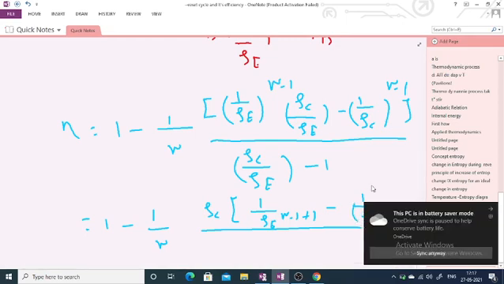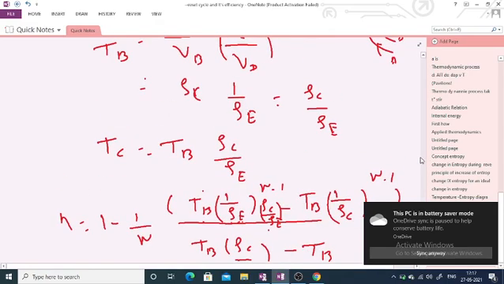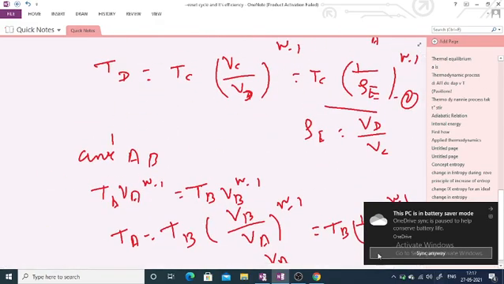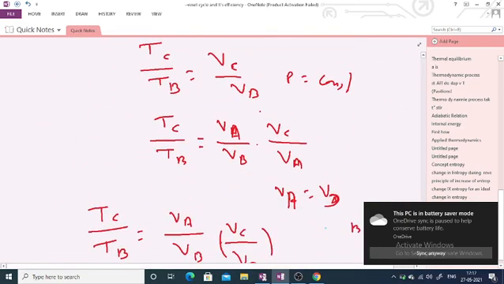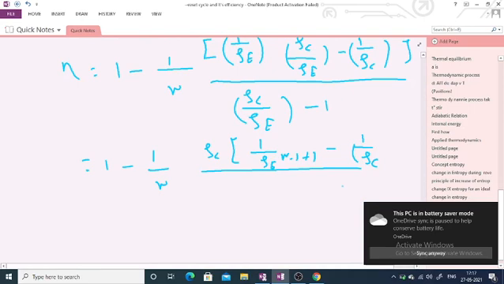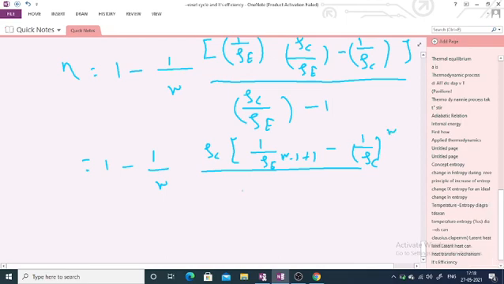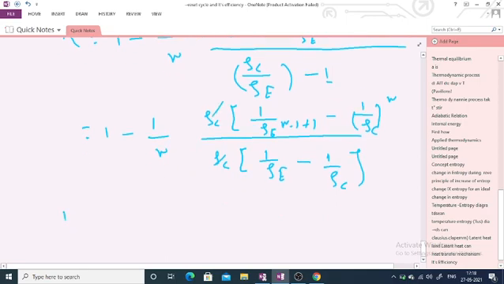So we got 1 upon rho C raised to gamma. Here the remaining terms are 1 upon rho E minus, where rho C is absent, so we have to divide it by 1 upon rho C. So rho C will be cancelled.